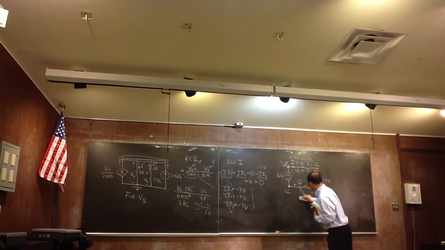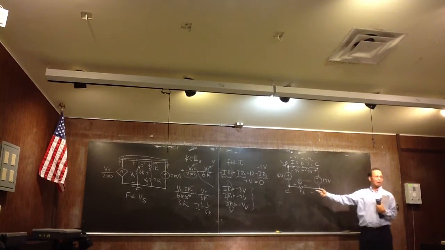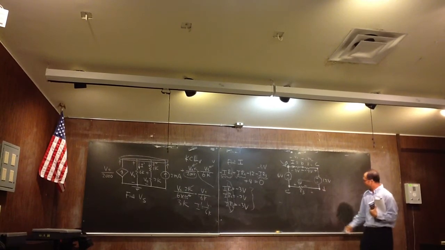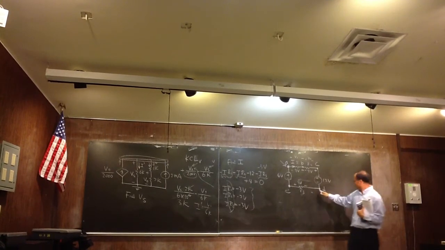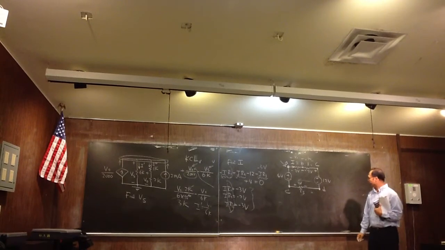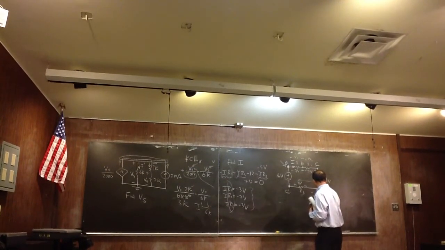Now you can see in this circuit, the definition of the ground was never defined. So that means if I want to define the ground, then the circuit will be quite different. So let's say I want to define the ground right here.